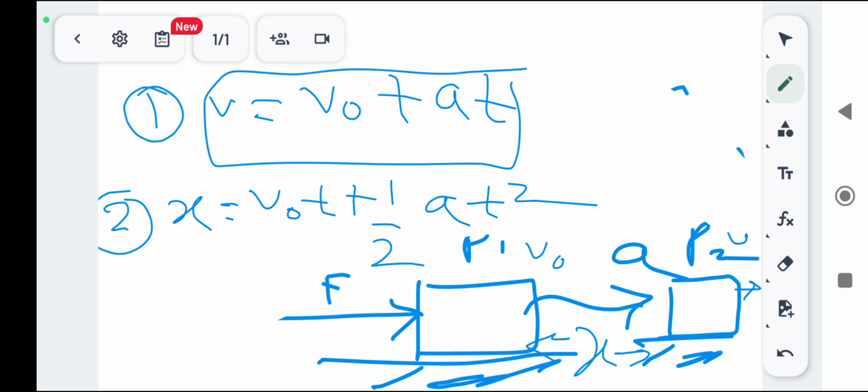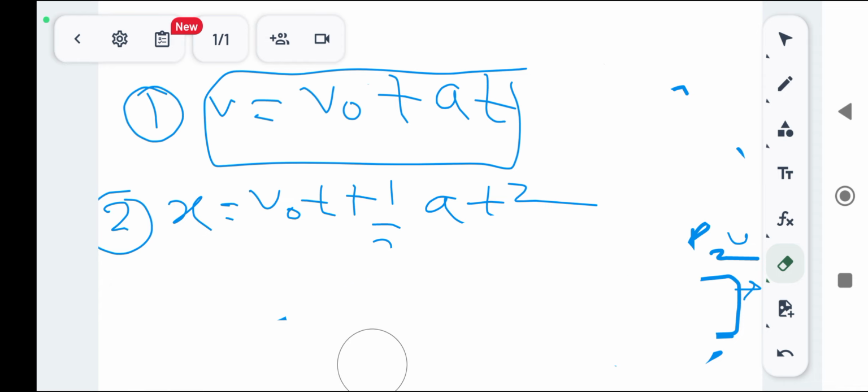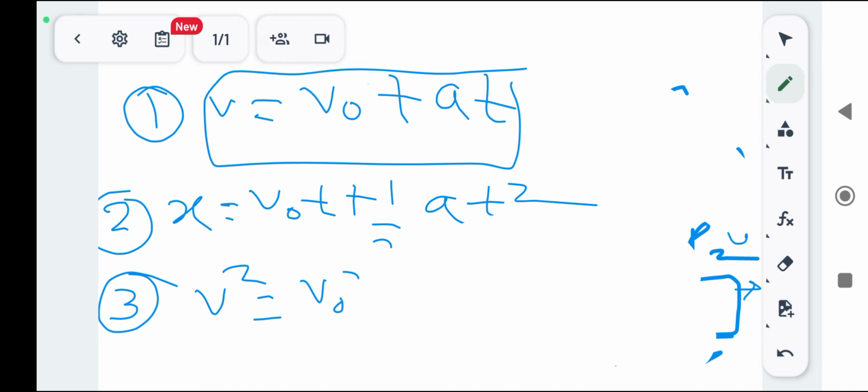This is the second equation, and third equation is v square is equal to v0 square plus 2ax.